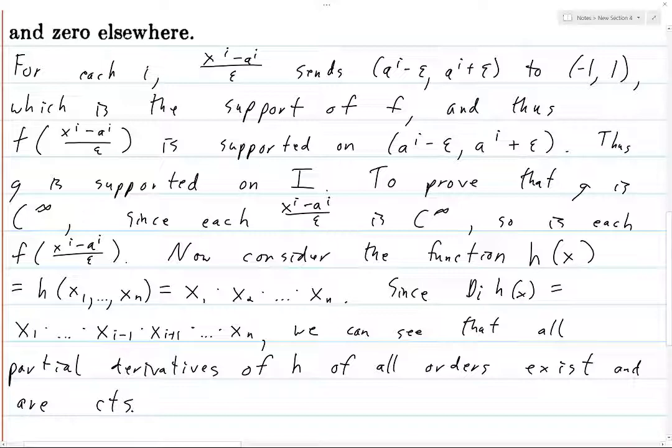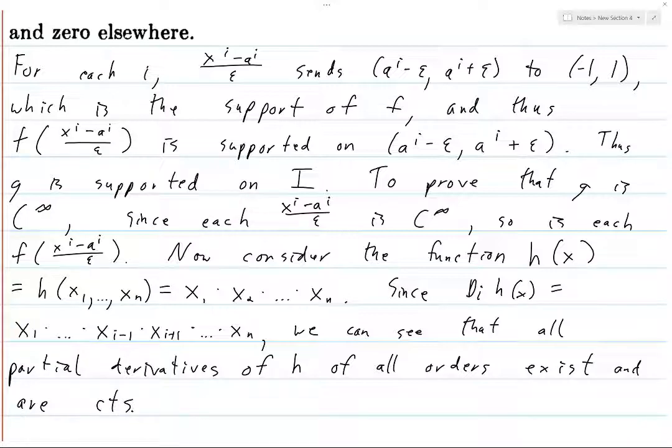And basically every time you take a partial derivative of h, you either remove one of the xi's or the whole thing becomes 0. One of those two things will happen, and in either case you'll be left with a continuous function. Therefore, partial derivatives of h of all orders exist.